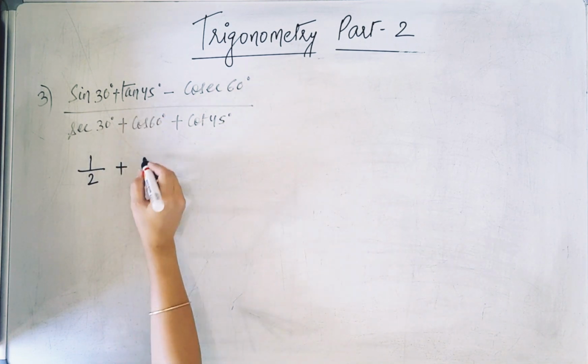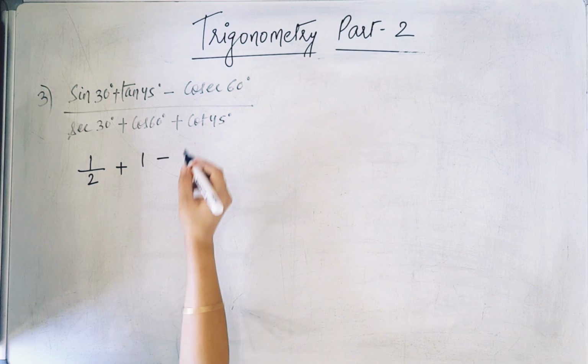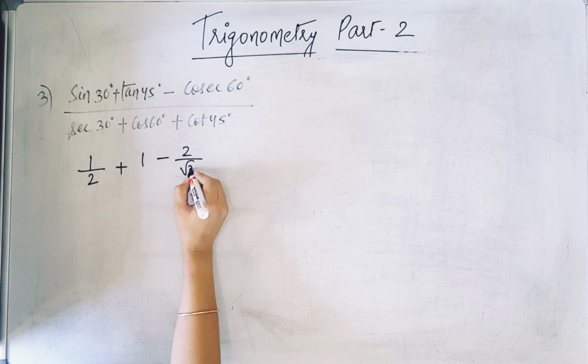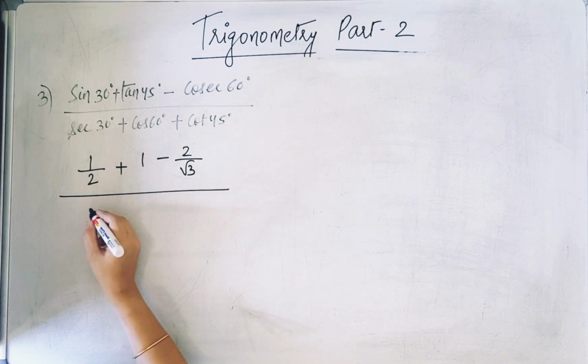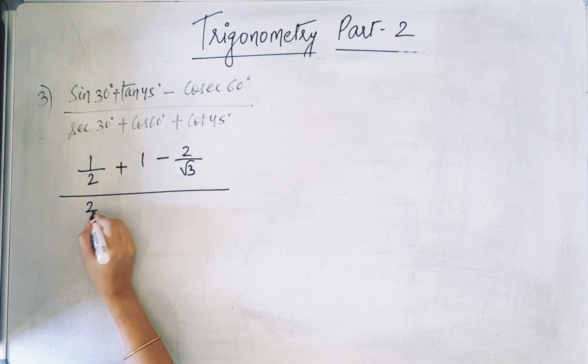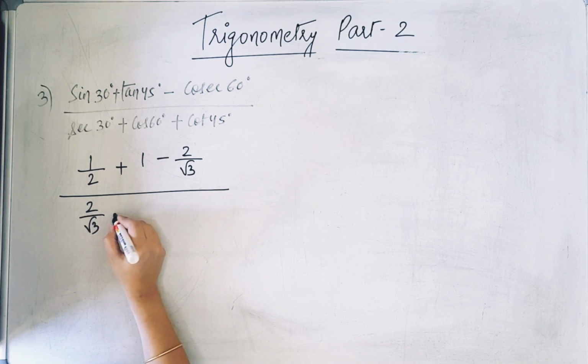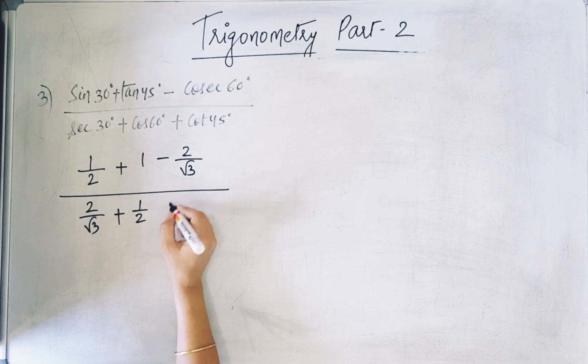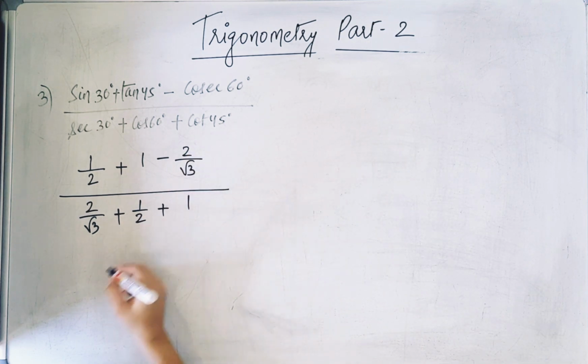Now we understand tan 45 is 1. Cosec 60 is the opposite of sin 60, so 2 by root 3. Sec 30 is the opposite of cos 30. Cos 30 is root 3 by 2, so it will be 2 by root 3. Cos 60 is 1 by 2. Then cot 45 is 1.